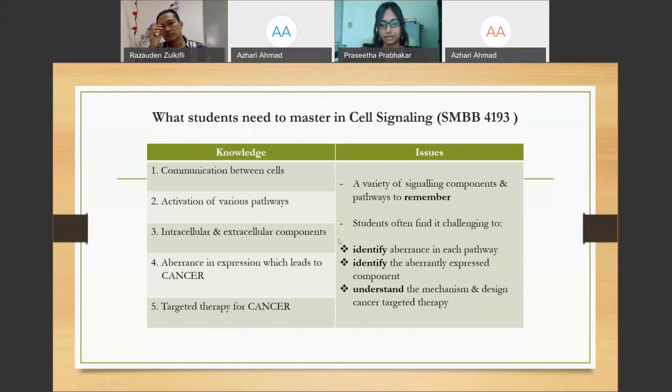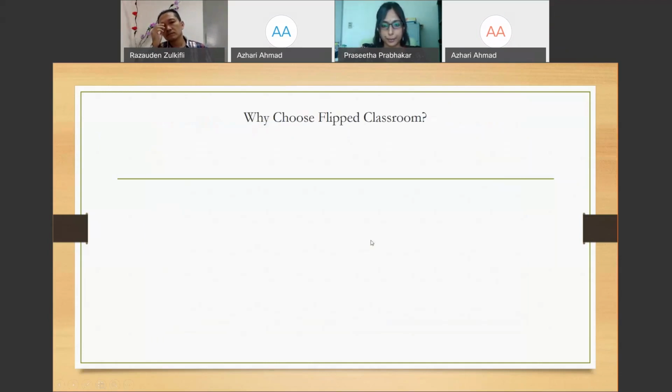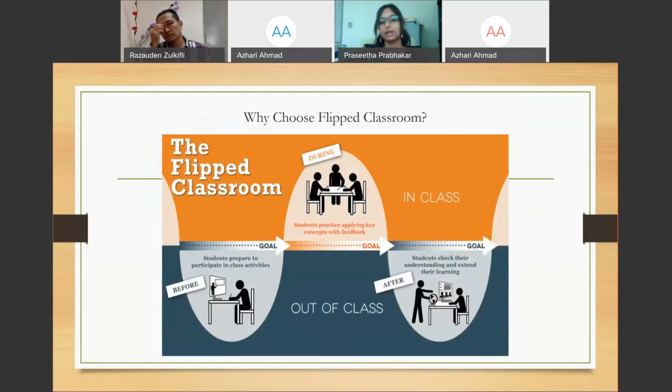I chose flipped classroom because it is a way of implementing active learning in class rather than passive learning, where only the lecturer does the teaching and the students just sit there and watch. Flipped classroom means students take charge and the lecturer becomes the facilitator.